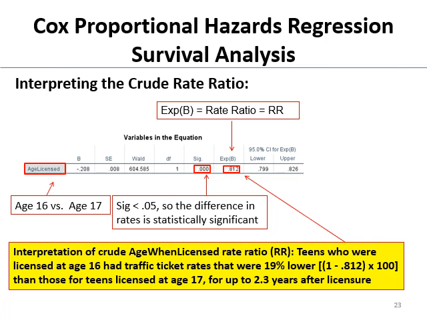How did we get that? 1 minus 0.812, times 100, is basically 19%. And we know it's lower because the EXPB, the rate ratio, is less than 1. So 16-year-olds had traffic ticket rates that were 19% lower than those for teens licensed at age 17, and that was up to 2.3 years after they got licensed.